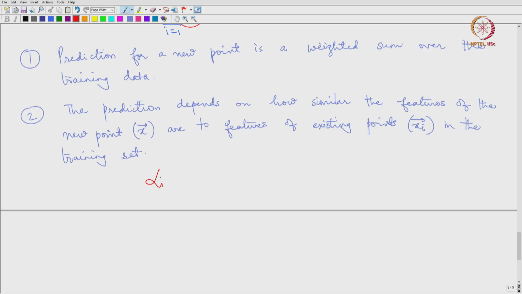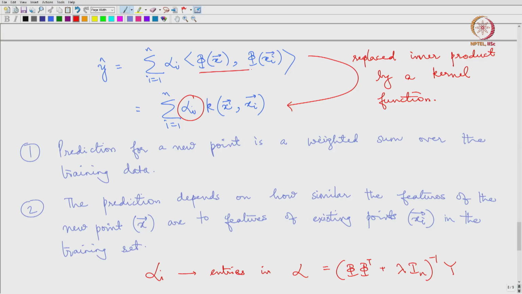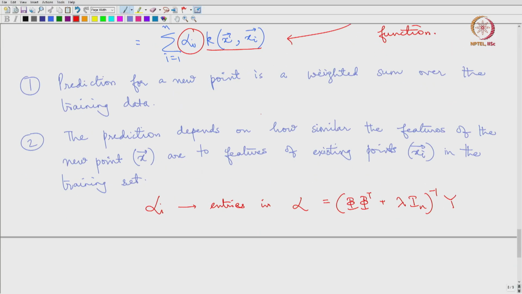So your alpha_i was given by the entries in the vector alpha, that was phi transpose plus lambda I_n inverse y. Okay. Now when you only talked about capital phi as the matrix of features with the nonlinear function lowercase phi applied, then it was fine, but now when you replace this inner product by a kernel function, obviously we have to make some changes in alpha as well.